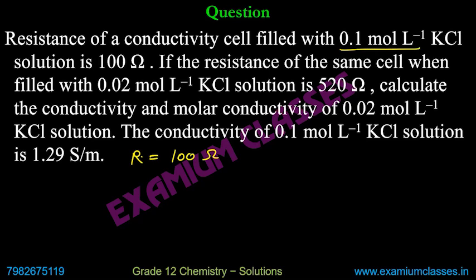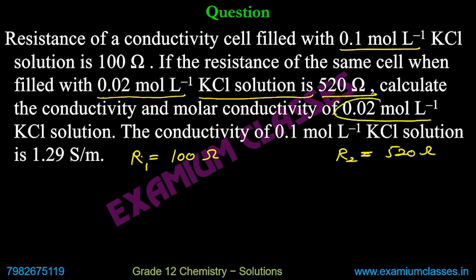If the resistance of the same cell when filled with 0.02 mole per liter KCl solution is 520 ohm, R2 is 520 ohm. Calculate the conductivity and molar conductivity of 0.02 mole per liter KCl solution.